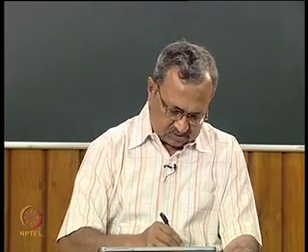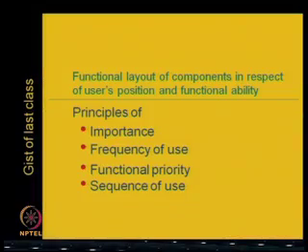So, according to various importance, like the functional layout of components in respect of user's position and functional ability, based on 4 principles of component layout, as the principle of importance, principle of frequency of use, principle of functional priority, and sequence of use principle.